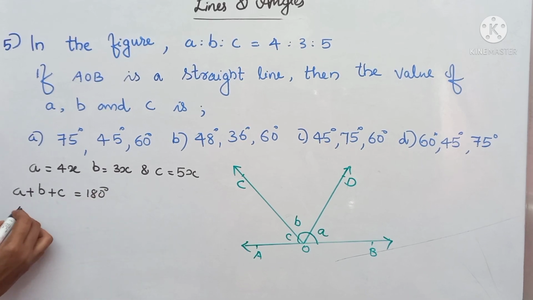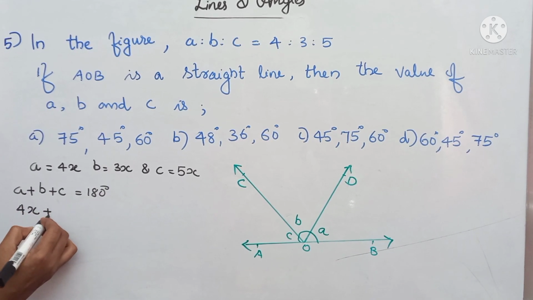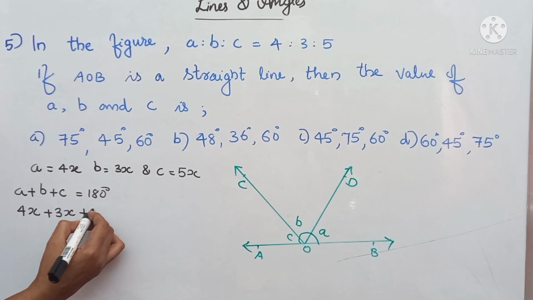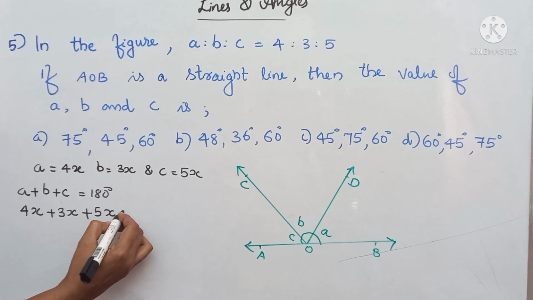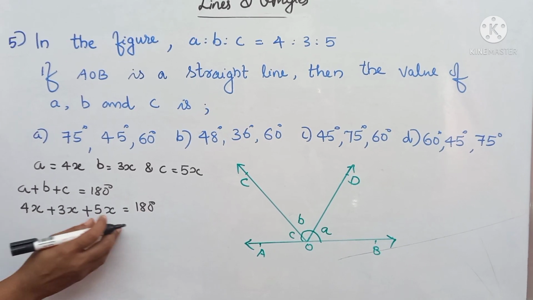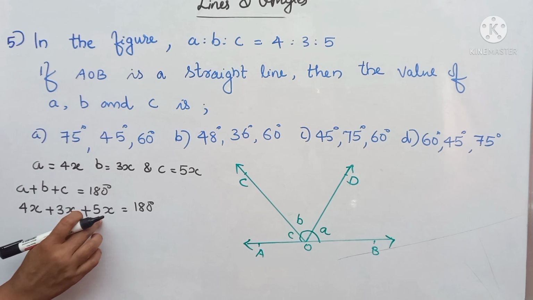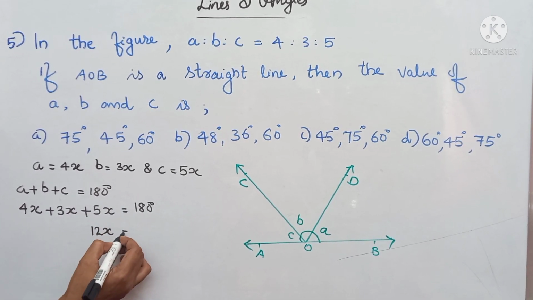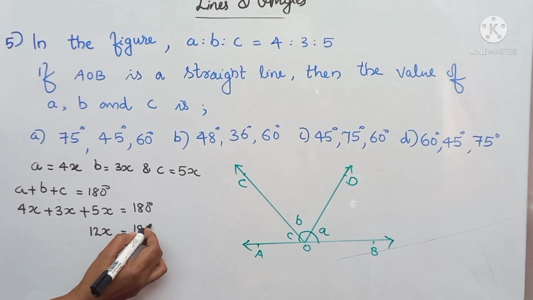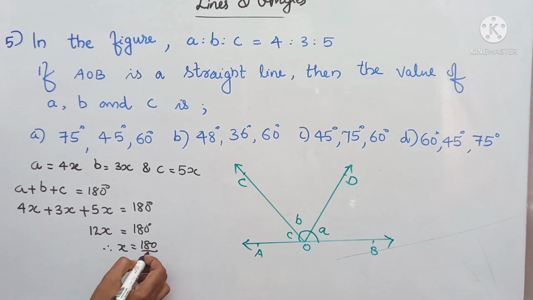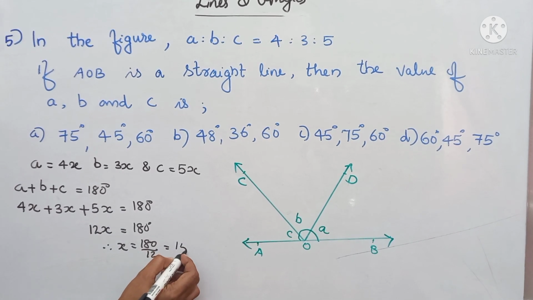That is, instead of A we can write 4x, plus instead of B 3x, and C also we can substitute 5x, is equal to 180 degree. Then add all these x's. 4 plus 3, 7 plus 5, 12x. 12x is equal to 180 degree. Therefore, x is equal to 180 by 12, which is equal to 15 degree.